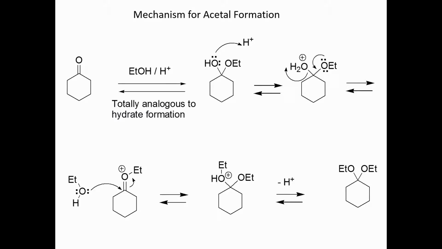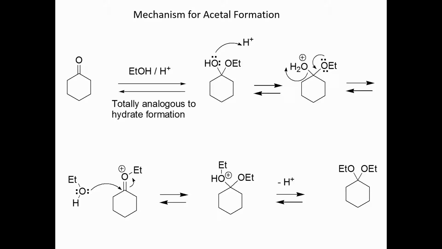Let's look at the mechanism here for acetal formation. First we make the hemiacetal, and I'm not going to go through this mechanism because it's totally analogous to hydrate formation. Exactly what happens with water also happens with ethanol, as long as the acid is not overly strong. But this reaction can go further.